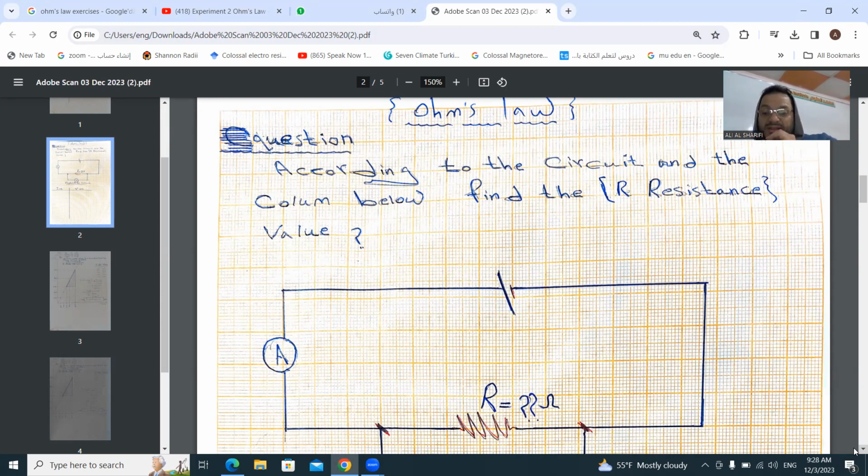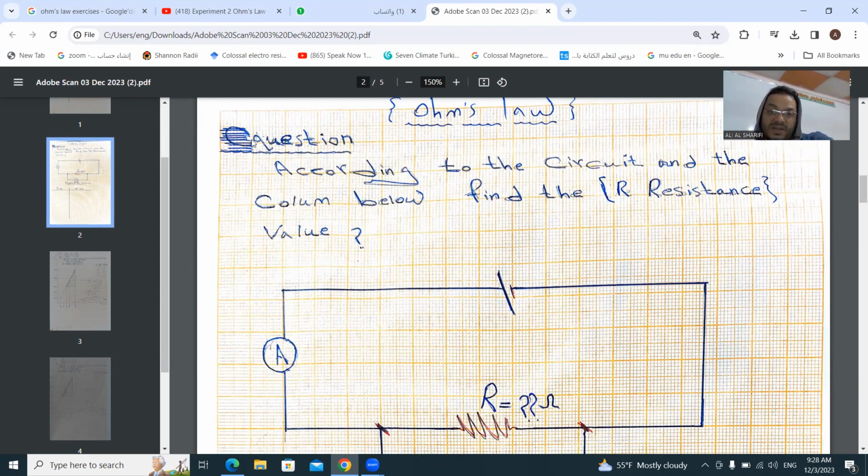The most important thing in this lecture is how you can plot the diagram and how you can determine the slope correctly. That's it. In your exam, maybe you will get a question like that, but the results, I mean the voltage and current results, will be different.